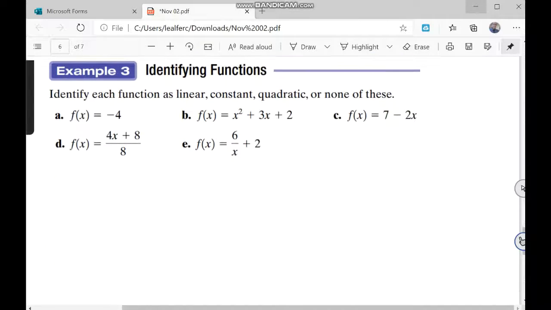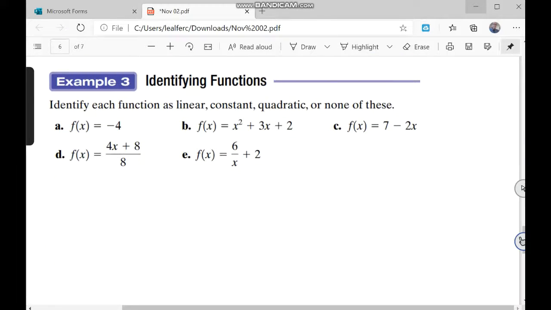And the last thing, this is what we will work on today in the quiz: how to identify each function and check if the function is linear, constant, quadratic, or not known, let's say another kind of function.